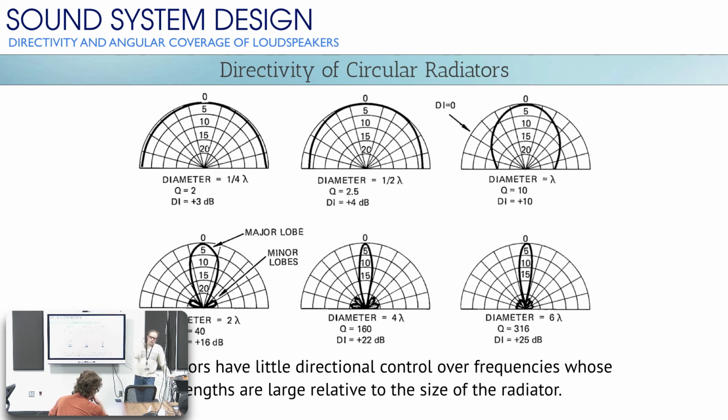Now, the other thing that happens is because these individual drivers don't interact destructively, they actually sum constructively. That's why they appear to defy the inverse square law, right? So they decay 3 dB per doubling of distance as opposed to 6 dB, because as you get further away, you're hearing more of them. If I'm right up against that line array, I might only be hearing one driver.